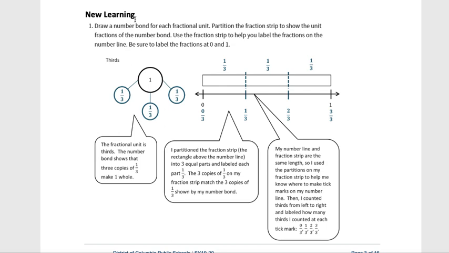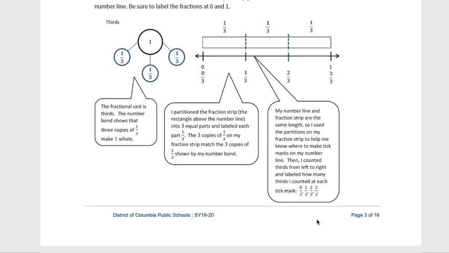Partition the fraction strip to show the unit fractions of the number bond. Use the fraction strip to help you label the fractions on the number line. Be sure to label the fractions at 0 and 1. So you can see this little word thirds. So we're talking about thirds from 0 to 1. So that means you have to have 3 equal parts.